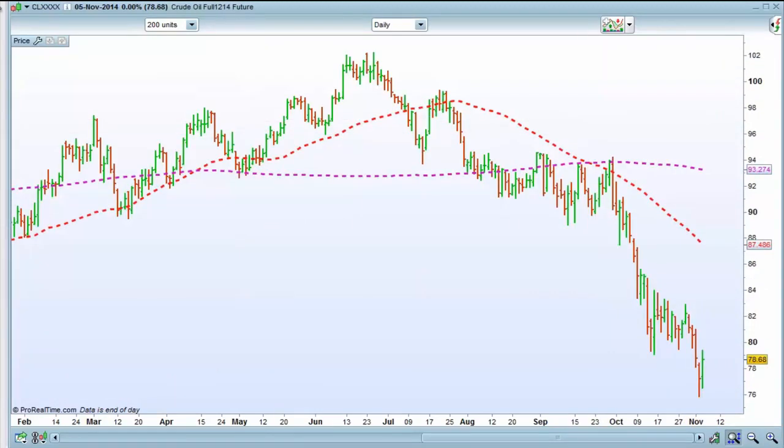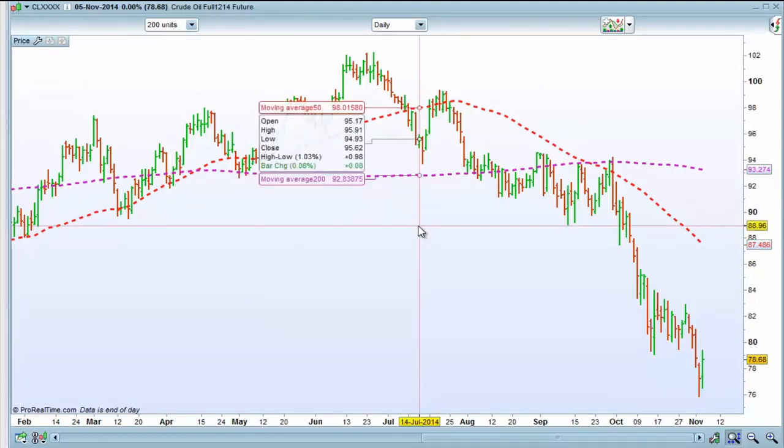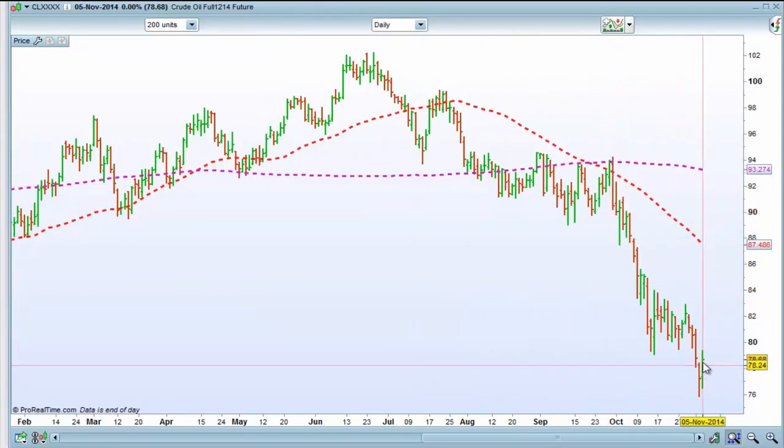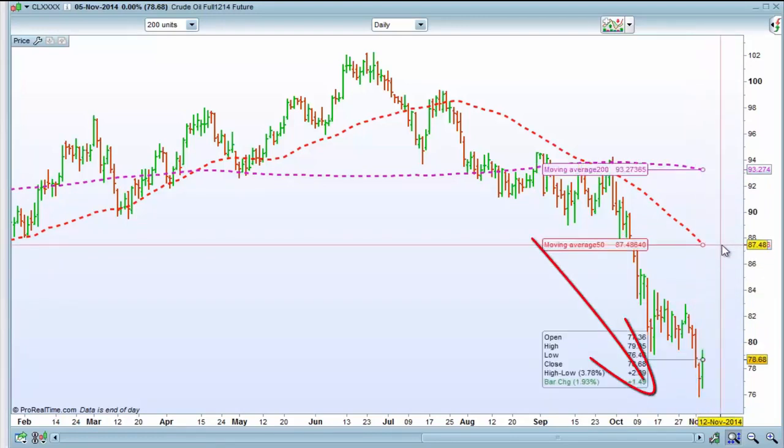Okay, in this next chart, I have here the crude oil futures contract. It is a daily price chart, and here you can see that the current price of crude is below the 50-day and below the 200-day moving averages. It's below both of them. So we would say in this instance that the crude oil market is in a downtrend.